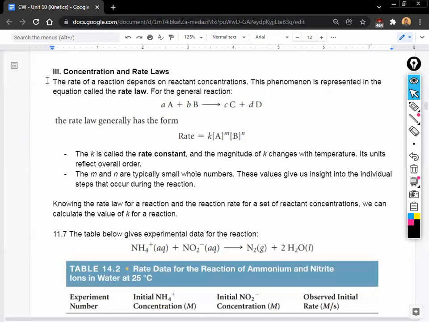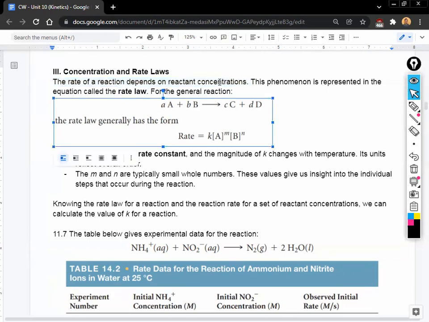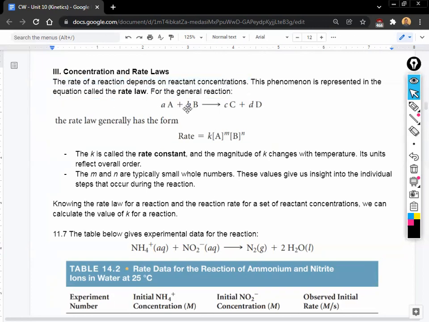Okay, so the rate of the reaction depends on the reactant concentration, which is kind of obvious, right? Depending on how much you have in the beginning, that's going to determine the rate of the reaction. Okay, and this is represented by something called the rate law. Okay, and so for the general reaction, same thing as before, the rate law is going to be written like this. Make sure you copy this part down right here.